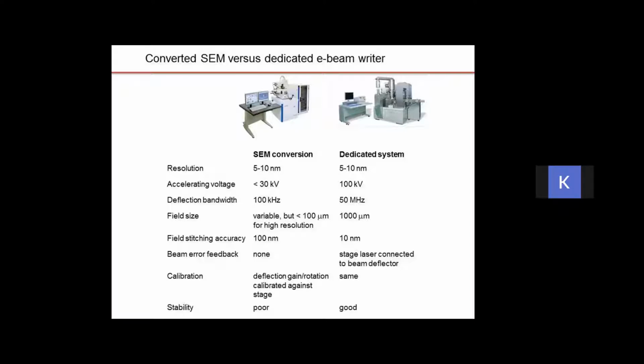However, the proximity effect is there in both cases, so that also limits the situation. For stability, a dedicated system is slightly better. Otherwise, any SEM system can be converted to an e-beam lithography system just by installing a beam blanker and software, a CAD designer, and that's all.